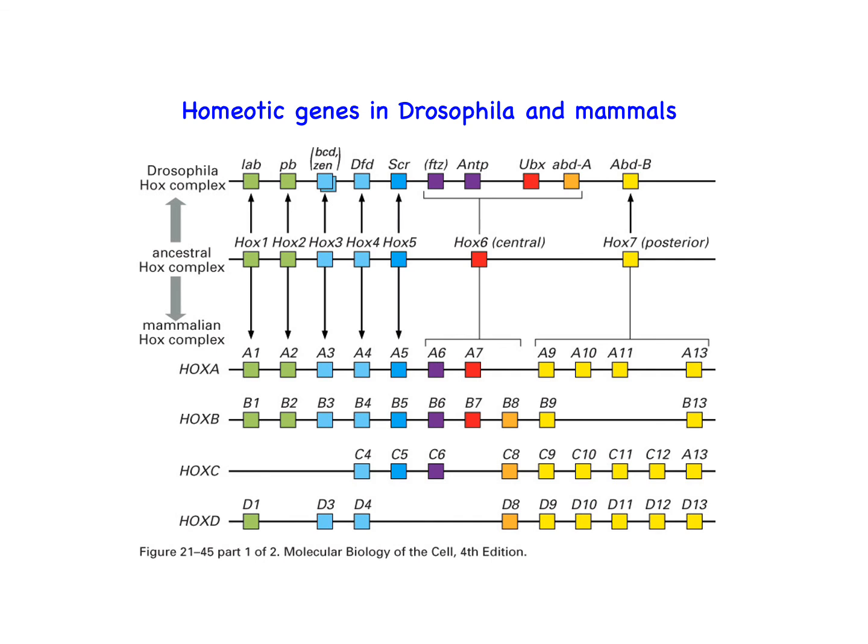So if one of them gets mutated, there are some subtle changes, but it's not catastrophic, not like knocking out one of the Drosophila homeotic genes. Between the two, the Drosophila cluster is considered the ancestral complex that all these different organisms were derived from.